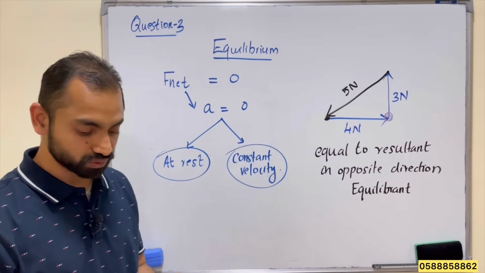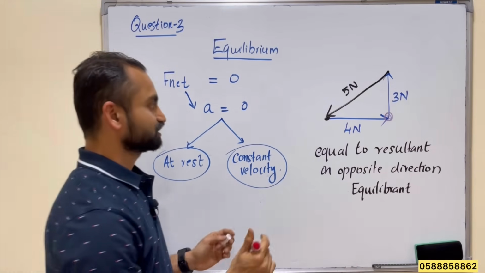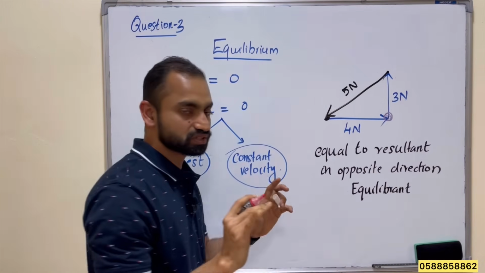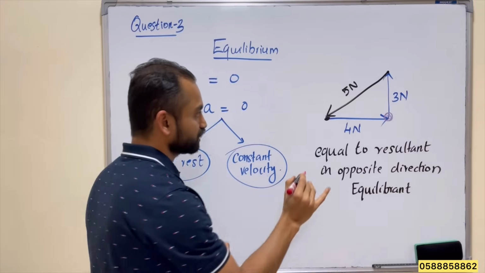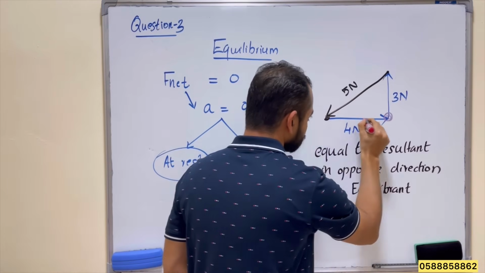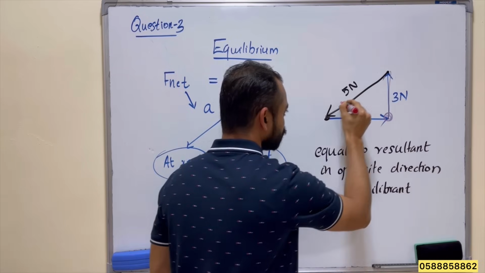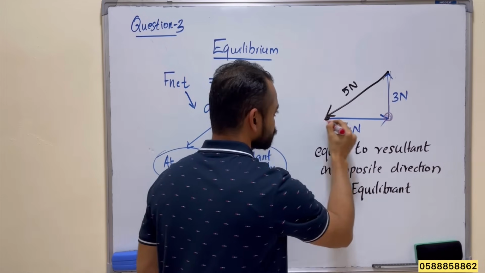What do I want to tell? Like for example, if you draw a vector diagram like this. So this is a vector diagram, right? See the arrow going like this, like this, like this. So it is a closed loop, right? Closed loop.